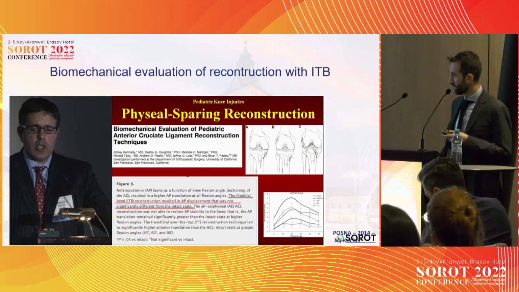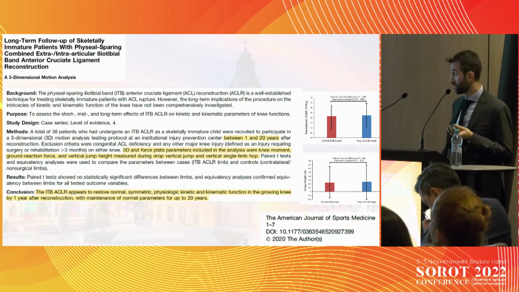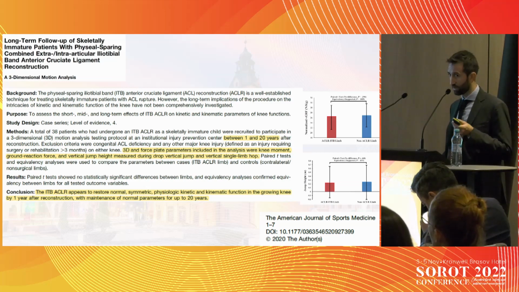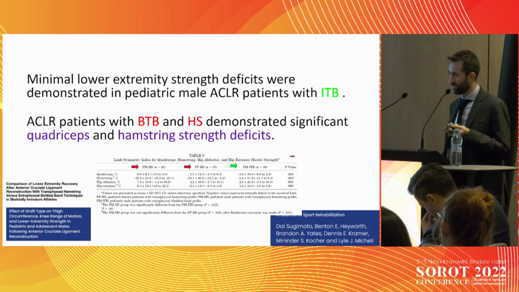And of course, there are some studies that stress the biomechanical results. Indeed, the ITB technique restores a normal, symmetric and physiologic reconstruction in a growing knee, as observed by the Sugimoto group in Boston. And this technique is less invasive for quadriceps and hamstrings.